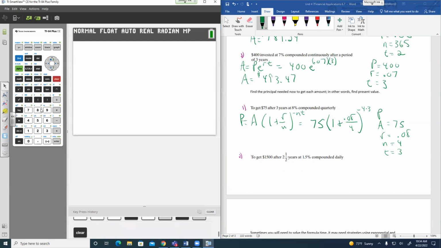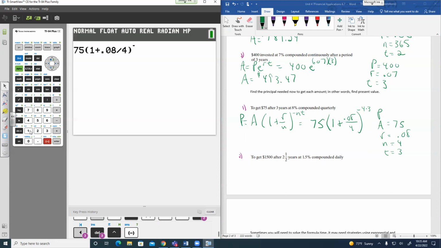So looking for the present value. Remember, the present value should be smaller. So 75 times 1 plus this 0.08 divided by 4. Then it's raised to the negative 12. Oop, that's not an exponent though. Back up here. Raised to the negative 12.